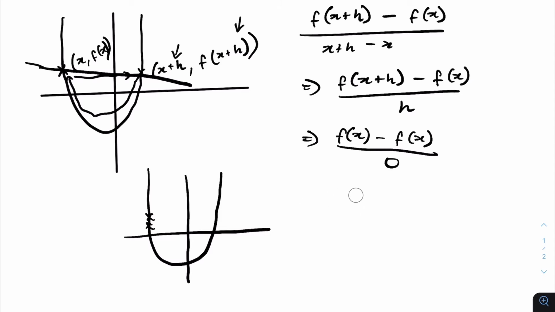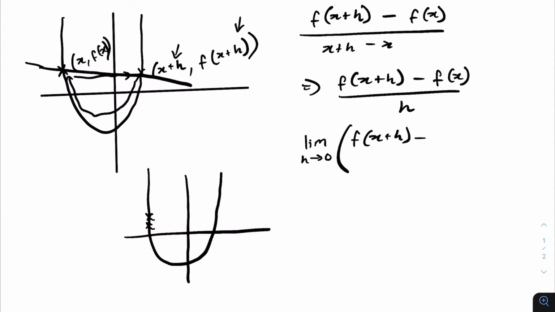If you want to find the gradient at that point, we do need to make h tend towards 0, because that way we're essentially taking one point and creating a gradient out of it. This is where differentiation comes in. We would write this as the limit of h tending towards 0 of f of x plus h minus f of x over h.